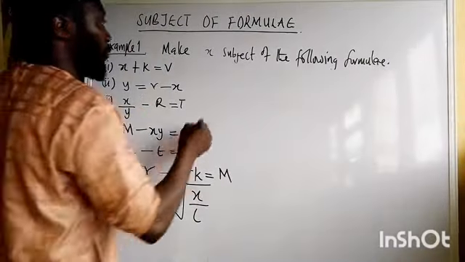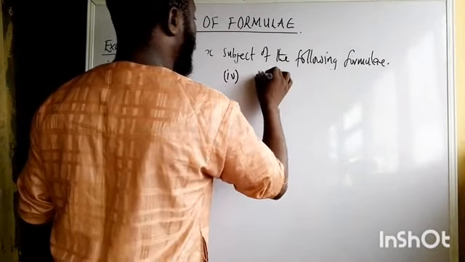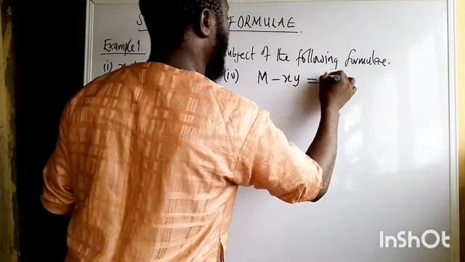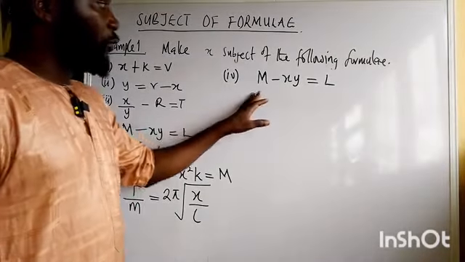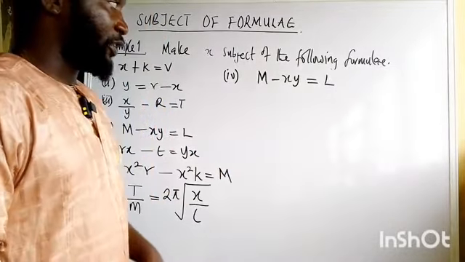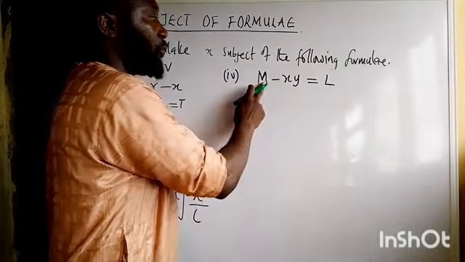Now the fourth question, we have m minus xy equals L. Now, the order in which we are going to remove all those letters that are attached to x: the first thing is this m is added, so you have to subtract m.